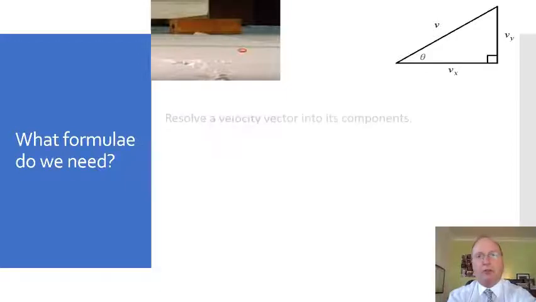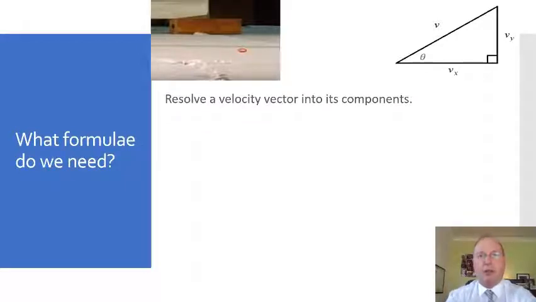We need to resolve a velocity vector into its components. So the triangle in the top right, you can see the velocity vector v going up at an angle, and the angle is theta. And the side opposite to theta is vy, or the velocity component in the y direction.